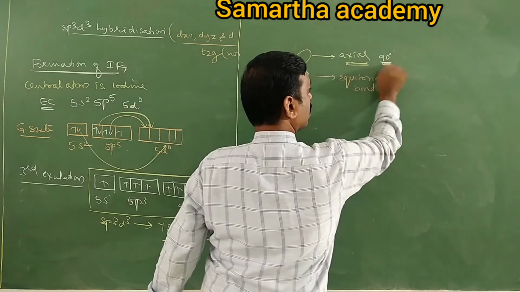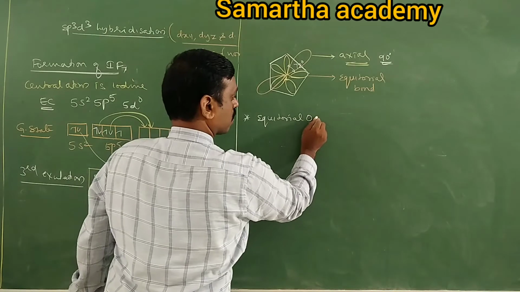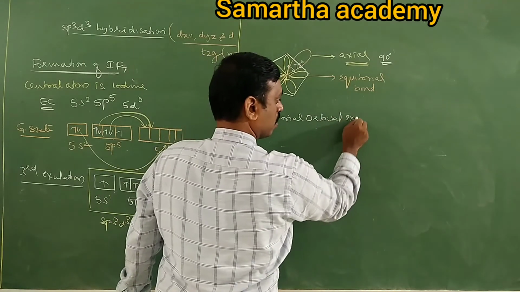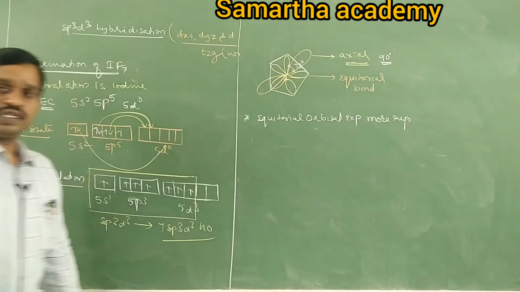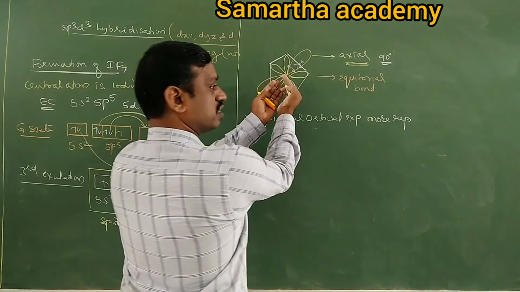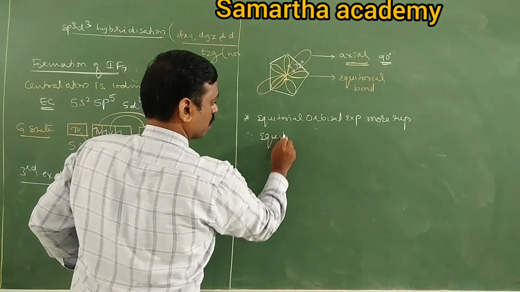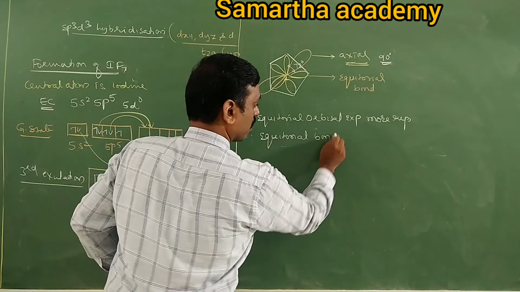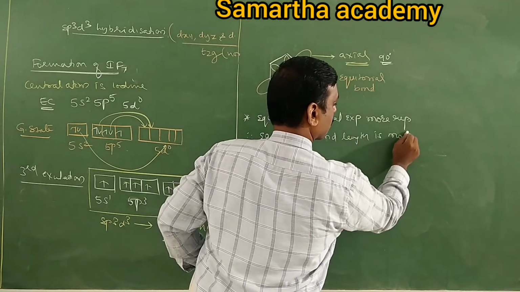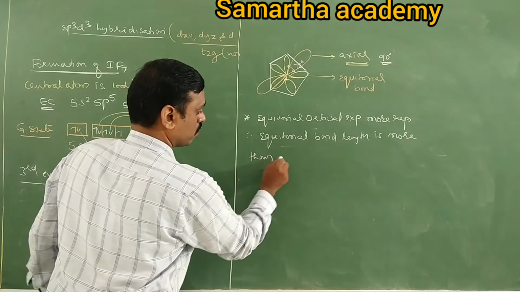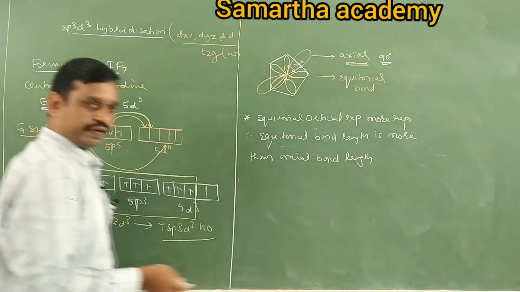So the equatorial orbitals experience more repulsion, and therefore the equatorial bond length, not bond angle, bond length, is more than what? The axial bond length. Okay, fine.